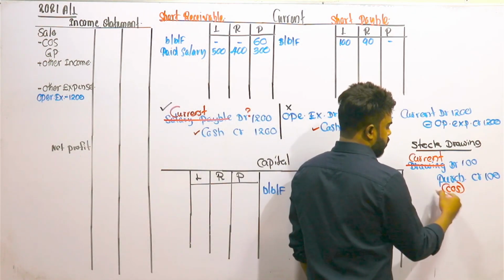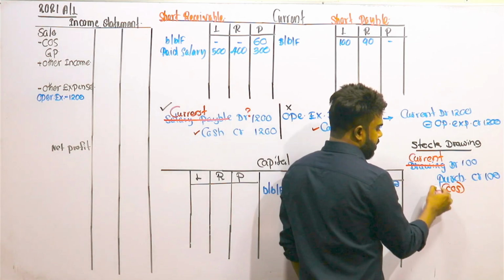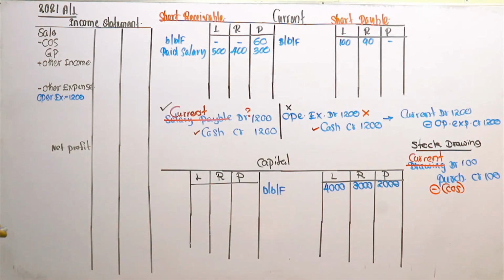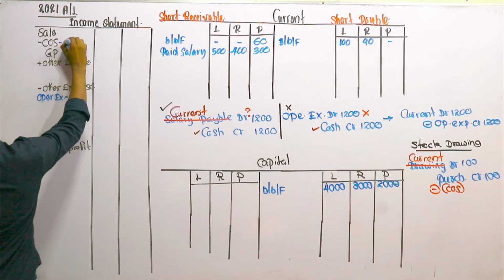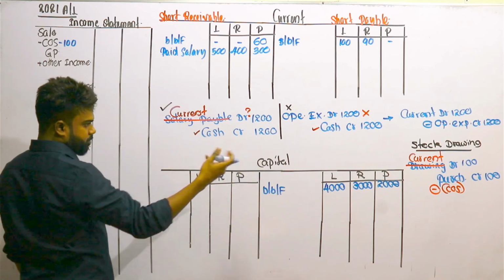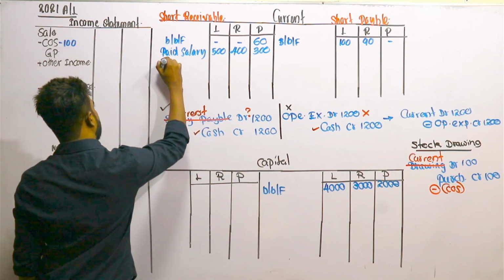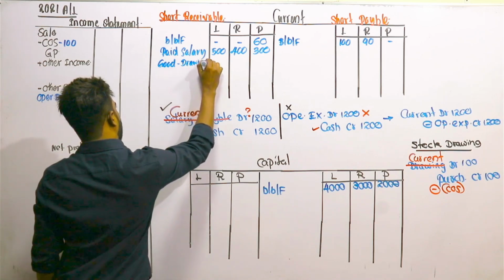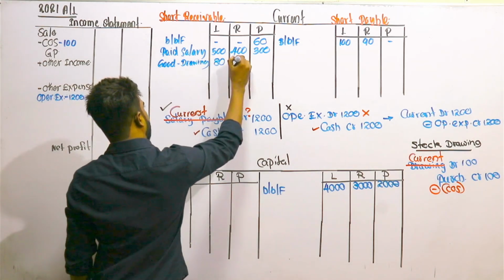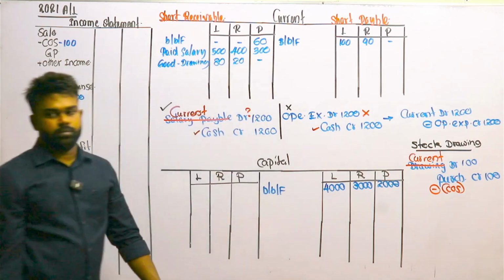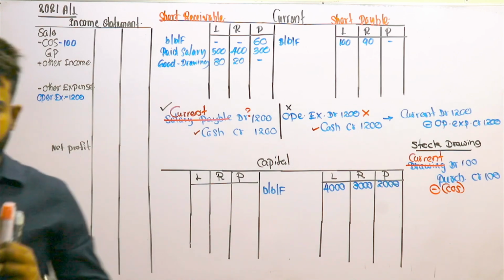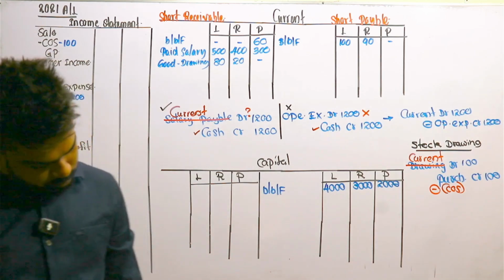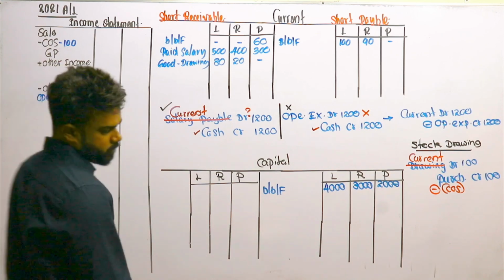Purchase expense is deducted from cost of sales expense: minus 100 from cost of sales, and debited to the current account, recorded separately. Okay, clear, finished.